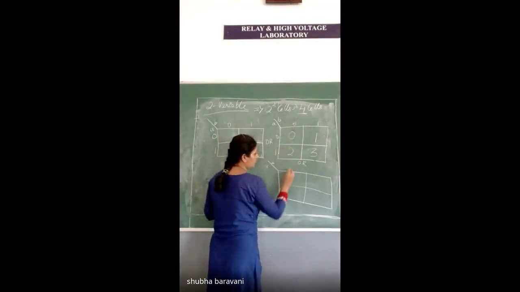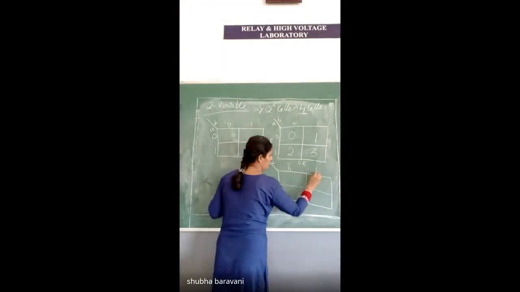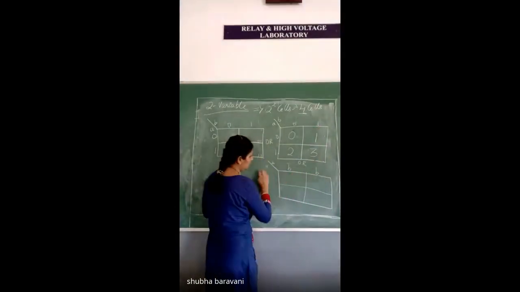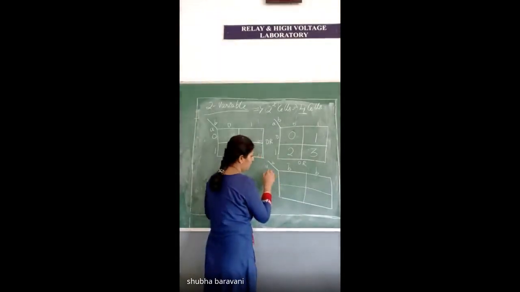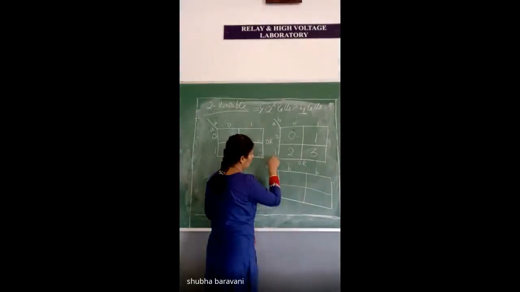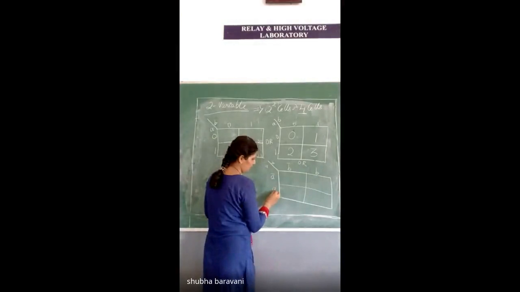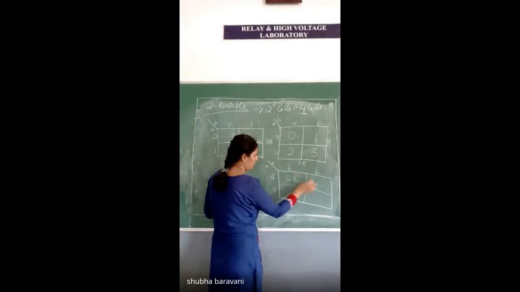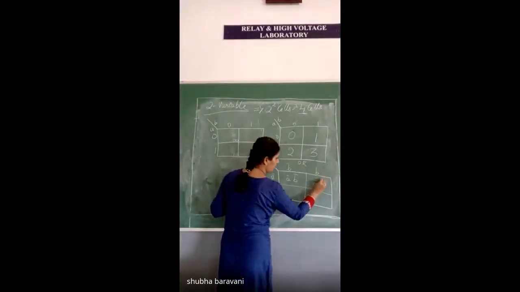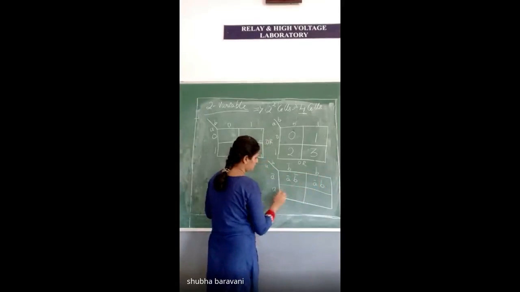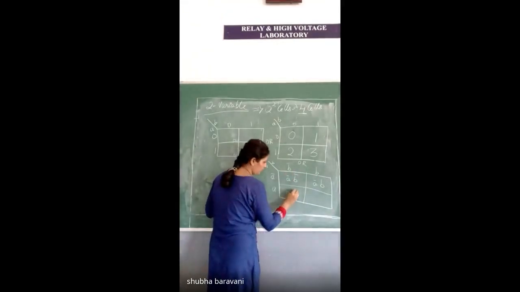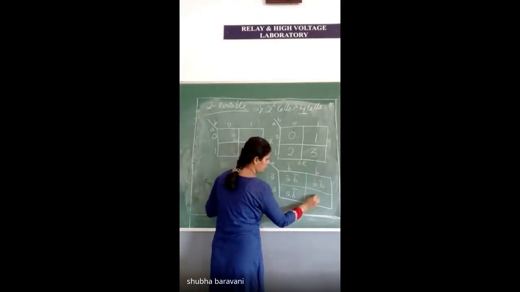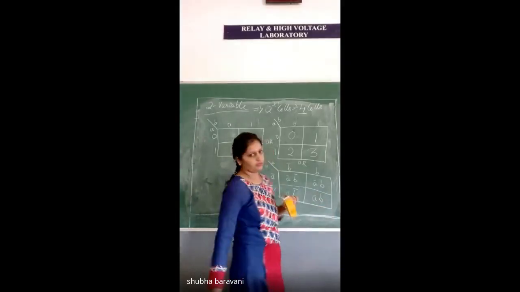So 0 can be written as B bar, 1 is written as B, 0 is written as A bar, and 1 is written as A. So this cell becomes A bar B bar, this cell becomes A bar B, this cell becomes A B bar, and this cell becomes A B. Understood?